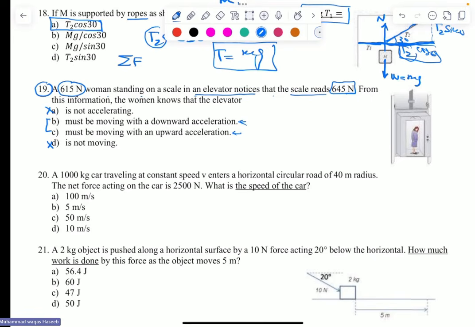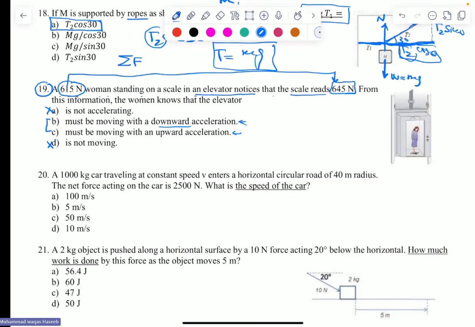In both of these cases, we have to add the acceleration to the motion. If the weight increased, then the motion is upward, and if the weight decreased, then the motion is downward.